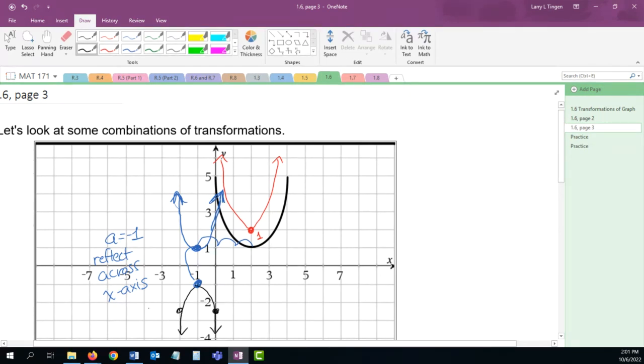That's the multiplication by -1 that takes the parabola that was facing up and now faces it down and flips the vertex. It's one unit above the x-axis. I do a reflection across the x-axis. Now I'm 1 unit below the x-axis. So this is -f of x plus 3.